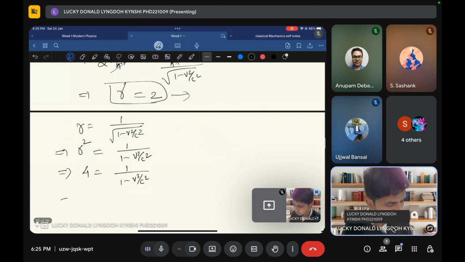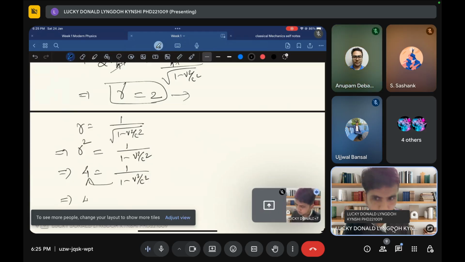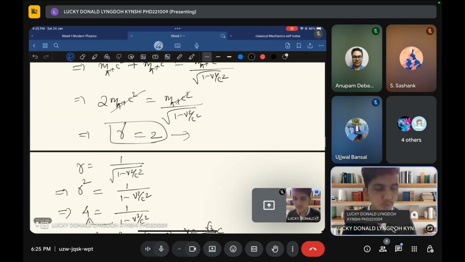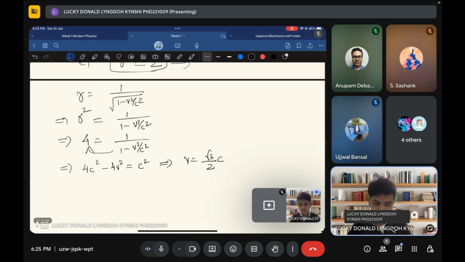You can find the velocity from here: 4c square minus 4v square equal to c square, and we get velocity equal to root 3 by 2 c. So from the total energy, you can calculate the value of gamma and also the velocity.